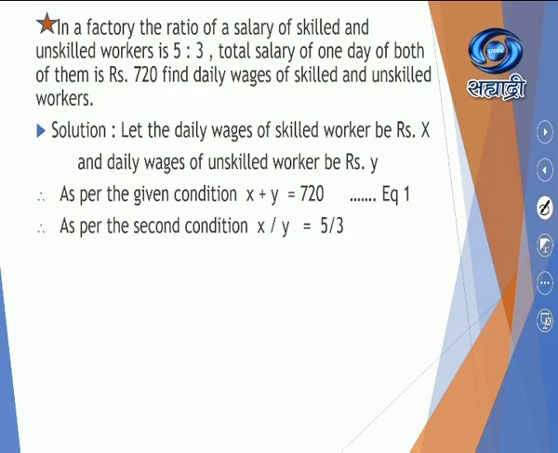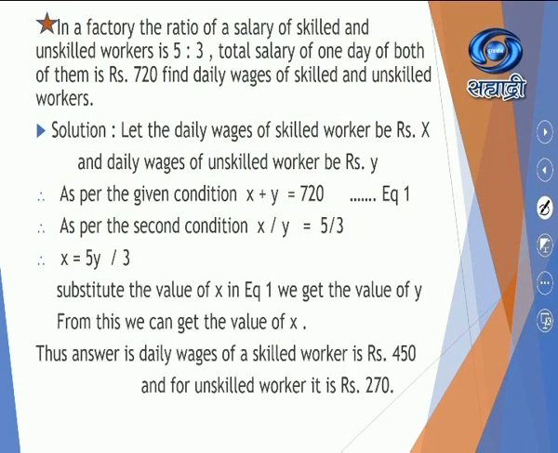Second condition is the ratio. So x upon y is equal to 5 upon 3. So x is equal to 5y upon 3. Let us substitute this x value in equation 1. We get the value of y. From this we can get the value of x also.